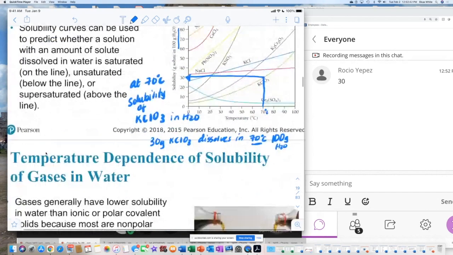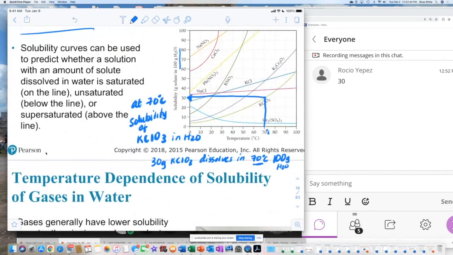Okay? So the other thing I want to talk about here is if we know 30 grams of KClO3 dissolves in 100 grams of water at 70 degrees Celsius, what if I told you I had 30 grams of KClO3 in a solution?